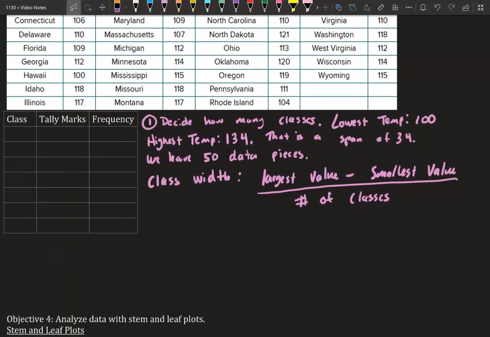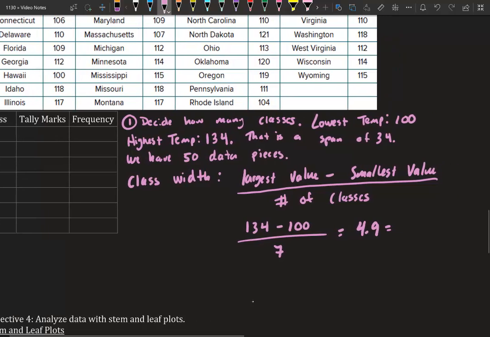So our largest value is 134. Our smallest value is 100. And I said I want 7 classes, totally up to me. So that leaves us with about 4.9. So it said to round to the nearest whole number. So 5 is our nearest number. So our class width is 5.